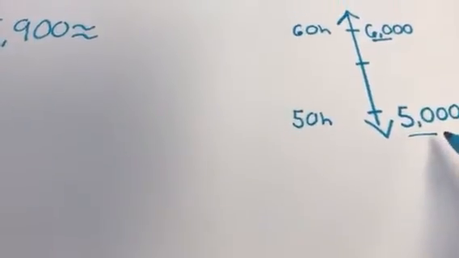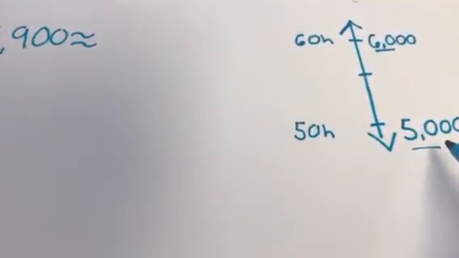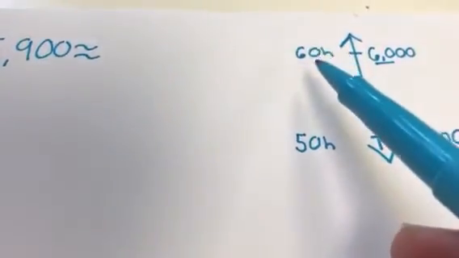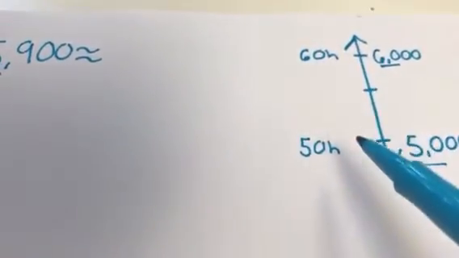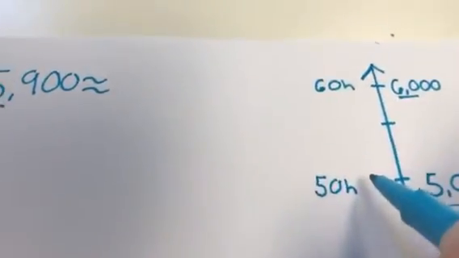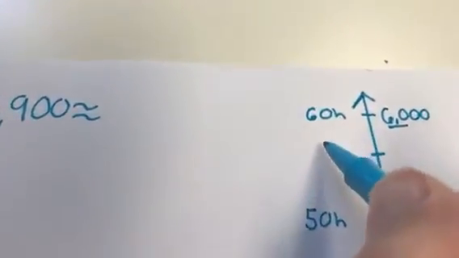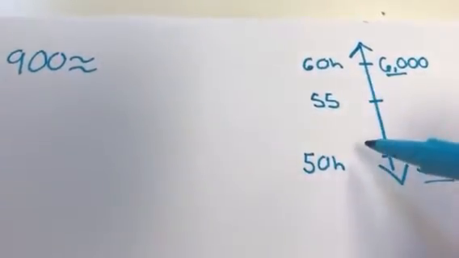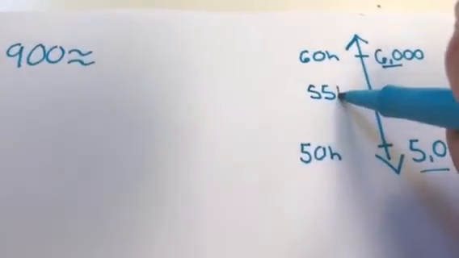Then I'm going to ask myself, what's the midpoint halfway between 5,000 and 6,000? This is where our 50 hundreds and 60 hundreds may come in useful. If I think of what's halfway between 50 and 60, I know that halfway between 50 and 60 is going to be 55. So halfway between 50 hundreds and 60 hundreds is going to be 55 hundreds.